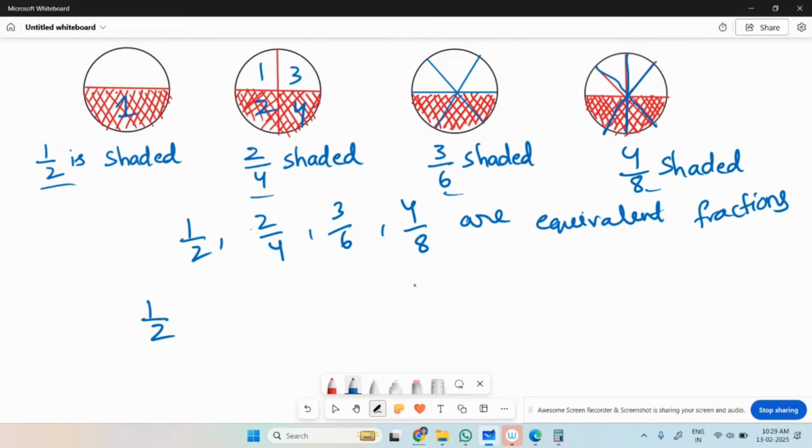That means 1 upon 2 equals 2 upon 4 equals 3 upon 6 equals 4 upon 8. These fractions are all the same. Even though they look different, their value is the same, as we saw, the shaded portions are the same but look different.